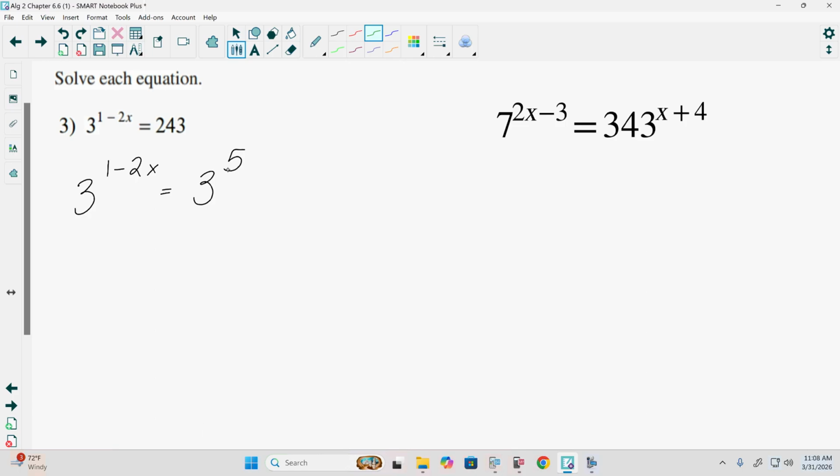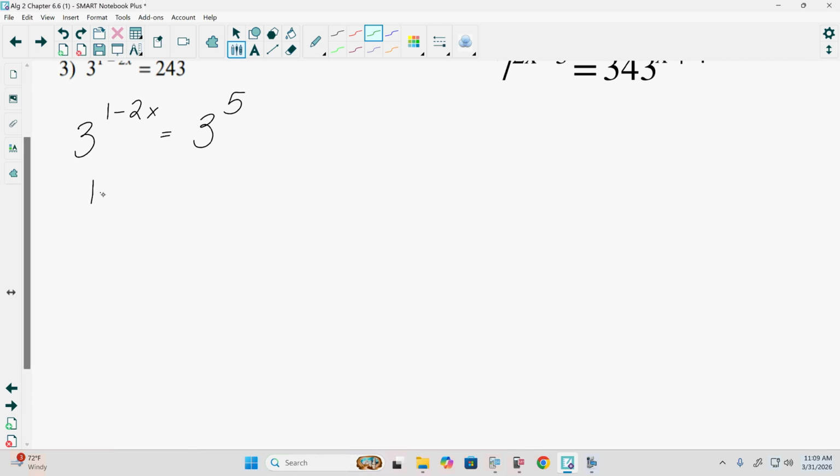So 3 to the 1 minus 2x is equal to 3 to the 5th. So we're able to get the bases to be the same. And once we get the bases to be the same, we can set the exponents equal to each other.